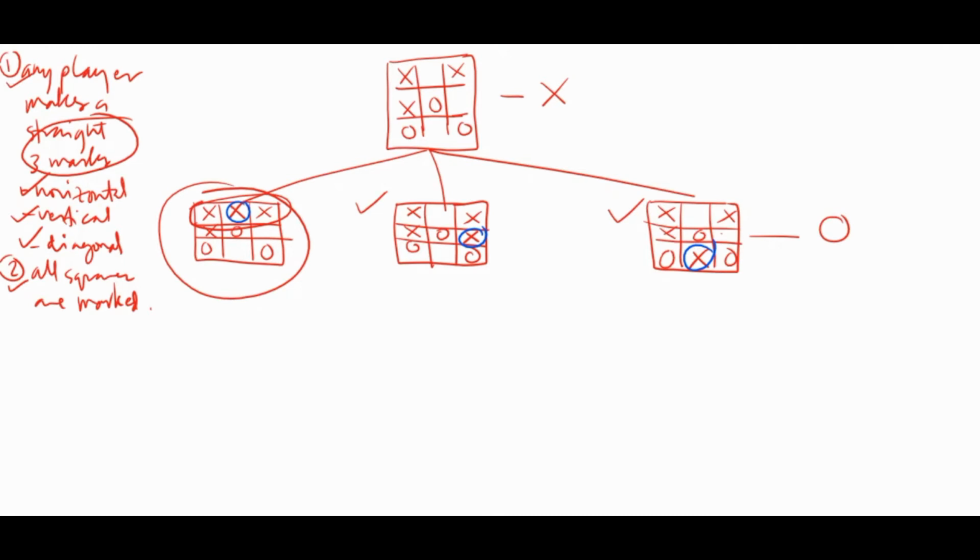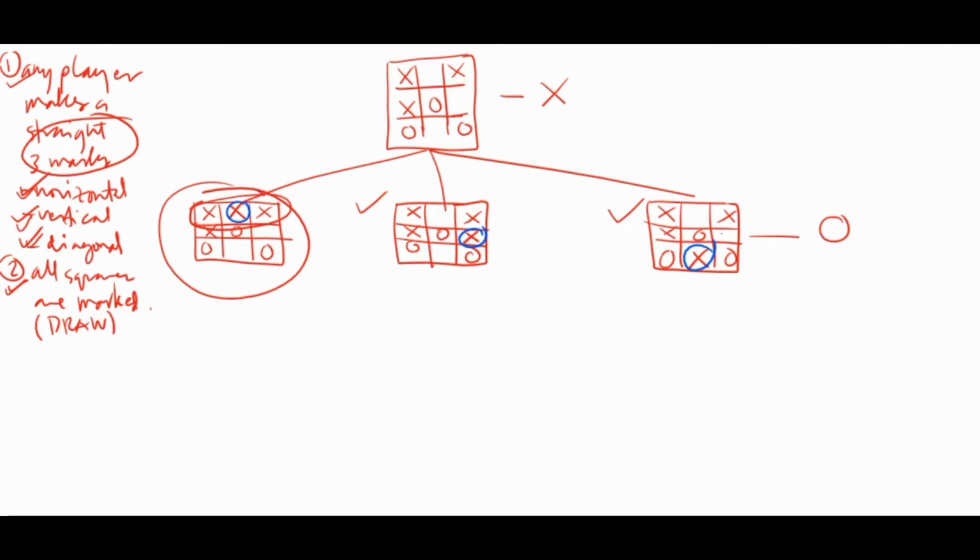Either one player has already made 3 straight marks, horizontally, vertically, or diagonally, or all the squares are already marked and there is no winner or loser. So this would be a draw outcome.